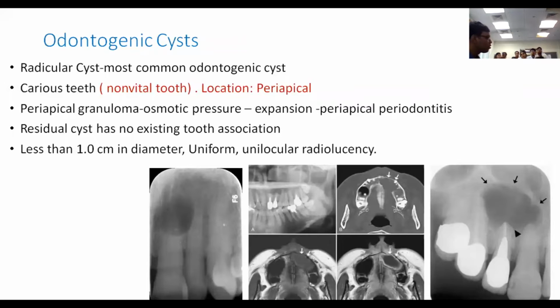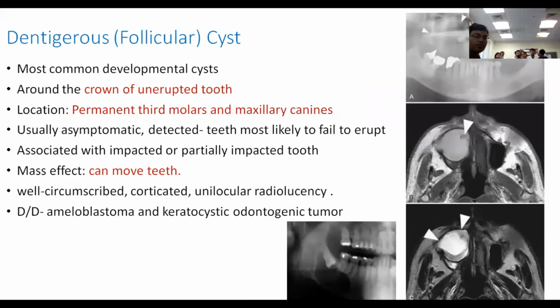There is significant granuloma formation. Either it can enhance very homogeneously, it's full granulation tissue, and if there is an abscess kind of formation, then it is a peripheral thick rim of enhancement, and sometimes you can see restricted diffusion in the central part. So these are the various manifestations of odontogenic cysts, radicular cysts.